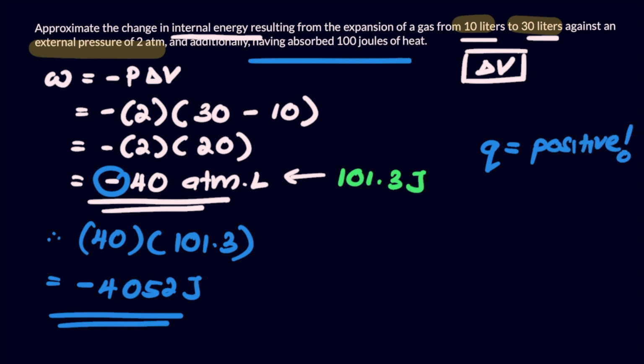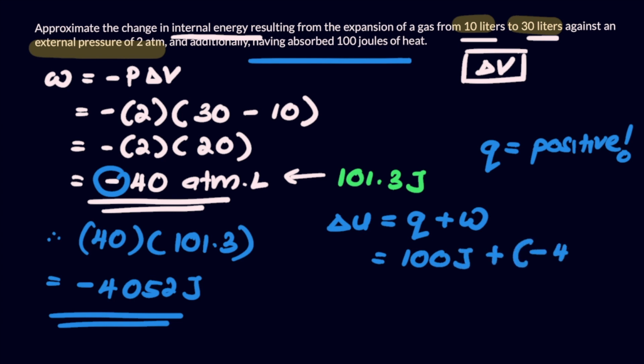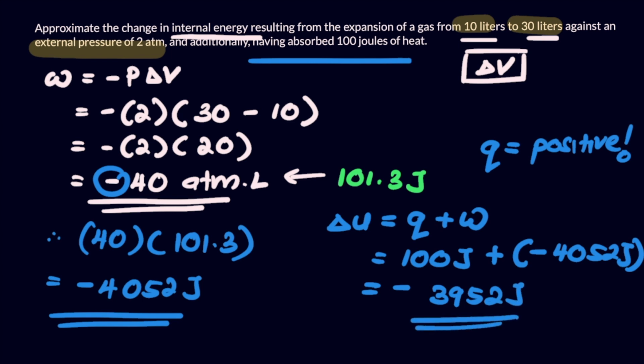So you want to calculate the internal energy, which is delta U. So delta U is equivalent to Q plus W. Given to you, the Q is 100 joule plus your W is negative 4052 joule. So you will get your delta U is equivalent to negative 3952 joule. So this is the final answer for the fourth question.